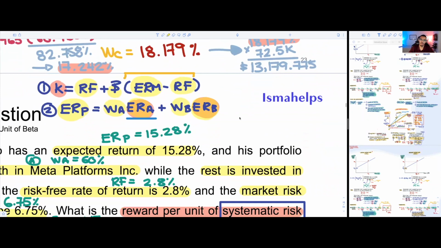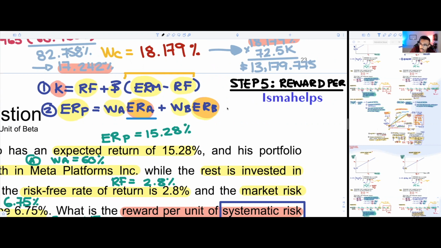So let's go for it. I believe we're at step 5. And for step 5, I'm going to go for black as my color. Black is beautiful. Step 5. Reward per unit. So all that you got to do is very easy. What you're going to do is this.